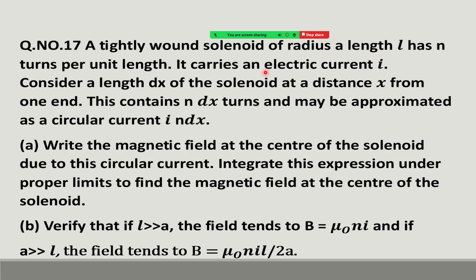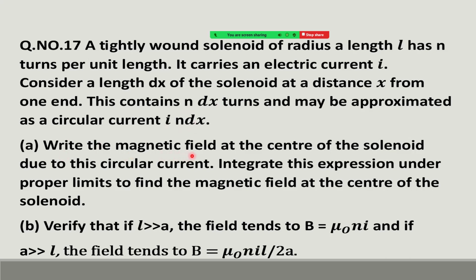It carries an electric current I. Consider a length dx of the solenoid at a distance x from one end. This contains n dx turns and may be approximated as a circular current I n dx.